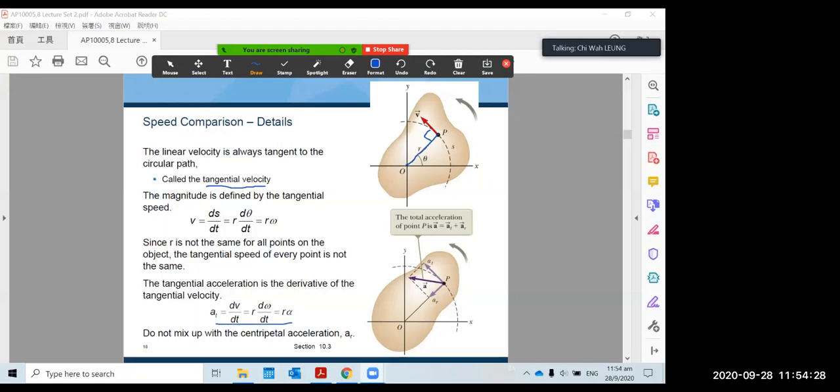Now, this acceleration is tricky. It is tangential acceleration. What it means is, if you have a disk that is rotating faster and faster, all the particles on the disk should be linearly moving quicker and quicker. And that linear motion is perpendicular to the circular arc. So the acceleration in that case is tangential.